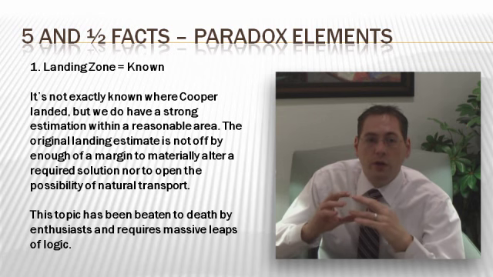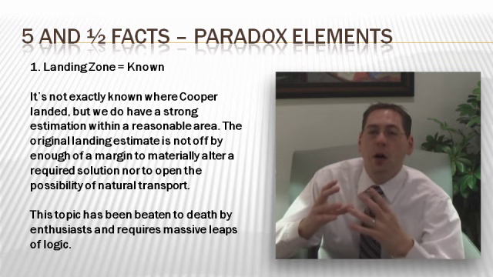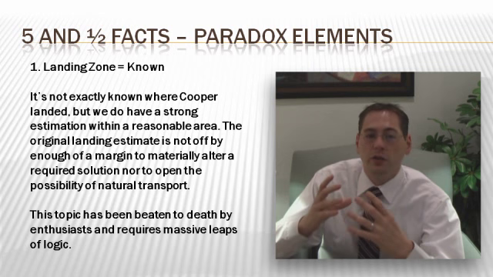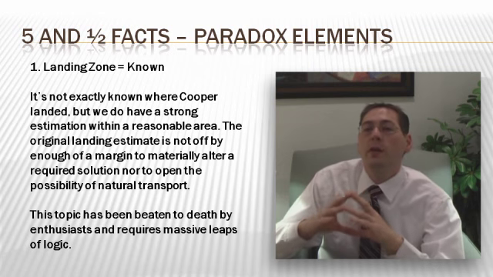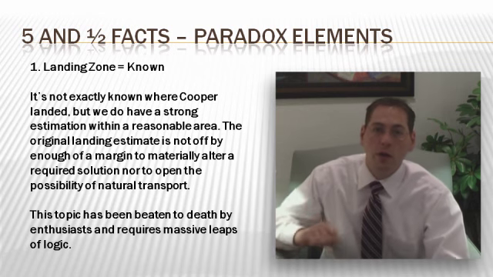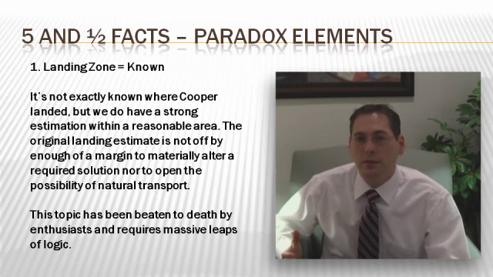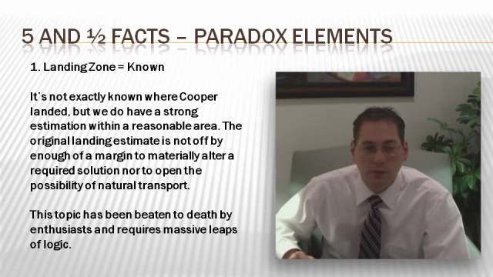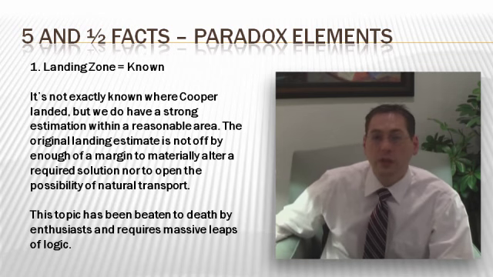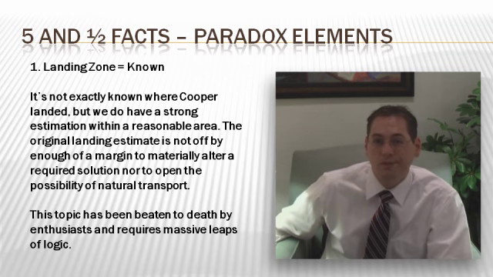So the original estimate isn't off by enough of a margin to really materially alter the solution, nor to open the possibility of natural transport, which is something that's pretty much been the accepted outcome, really. And I don't really see why we need to discuss this any further. If you disagree with this, then really we have nothing to discuss.